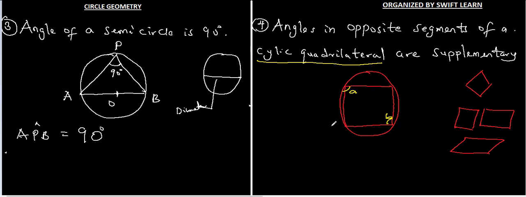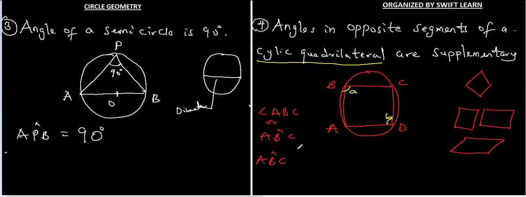So let's just give them names. Let me change my marker. This is A, B, C, and D. So angle ABC, you can also write it this way or this way. Take note of that.